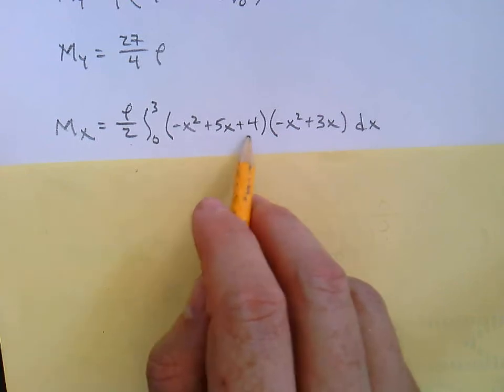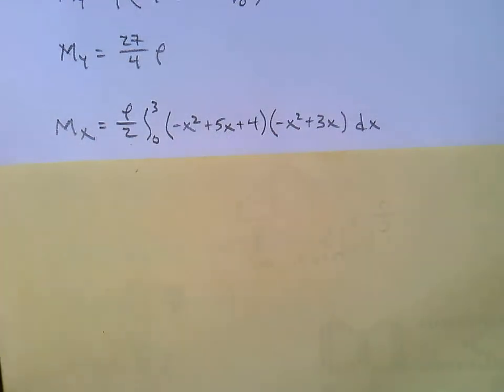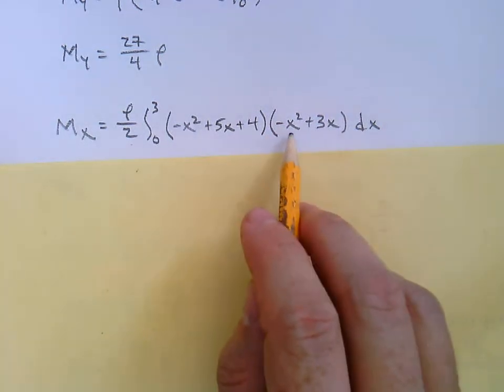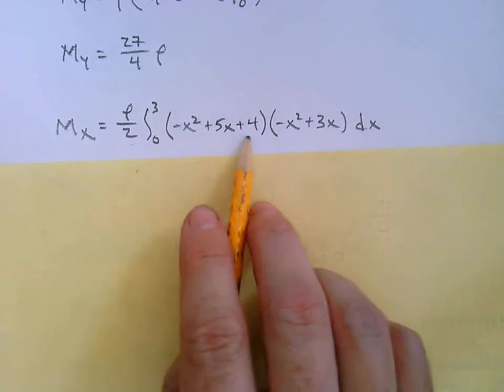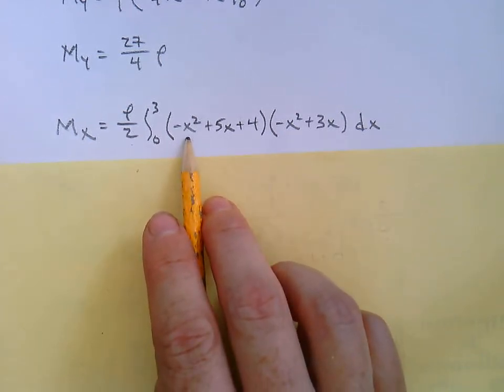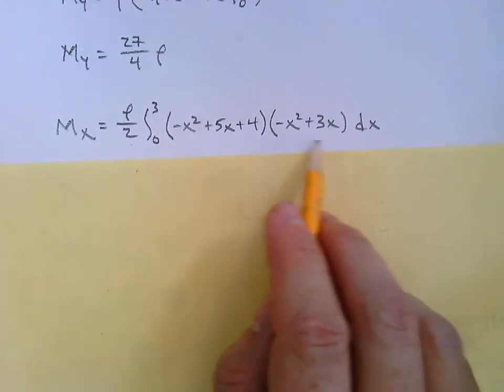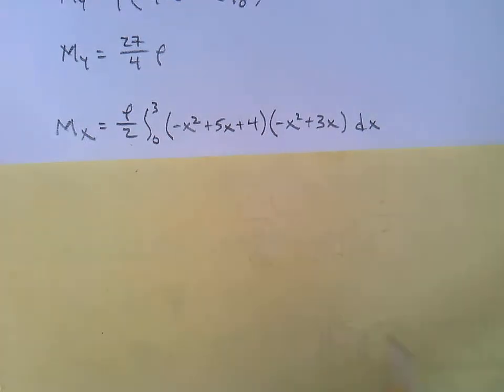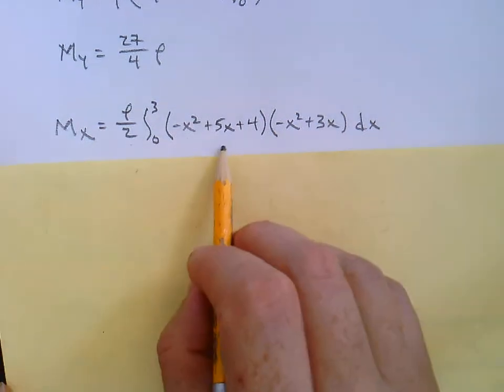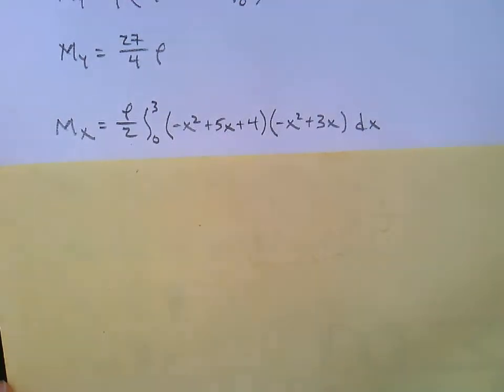This is where we add the two functions together, and we multiply that by the difference of the functions. So when we add those two functions, we've got negative x squared plus 5x plus 4. And same thing when we subtract them, negative x squared plus 3x. And well, to continue this, there's no easy way around it. We just got to multiply it all together.